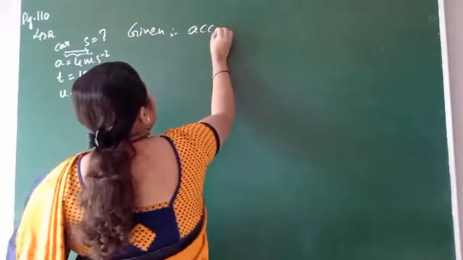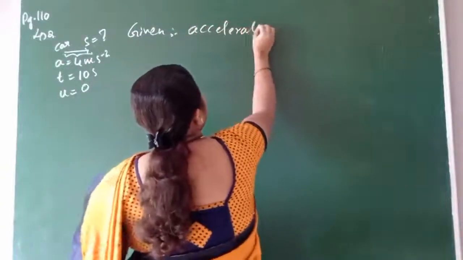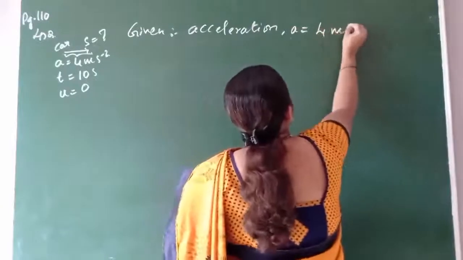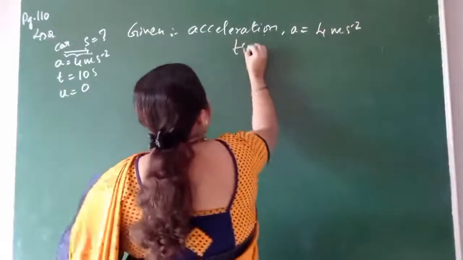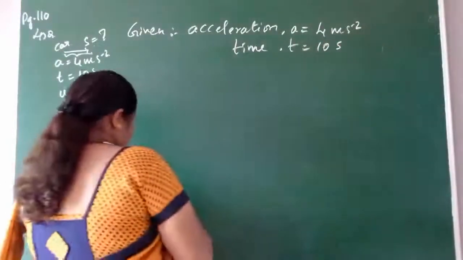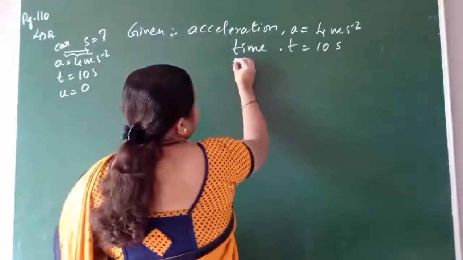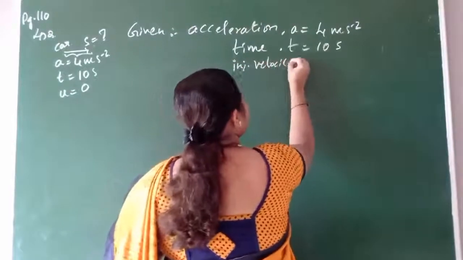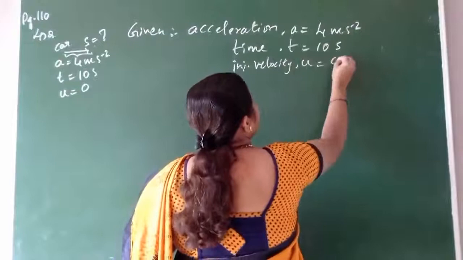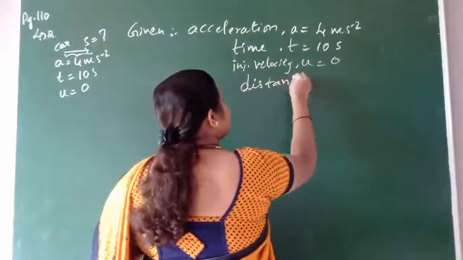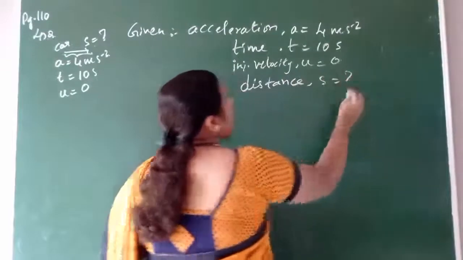That is, acceleration is equals to 4 meter per second square. Time t is equals to 10 seconds. Then initial velocity, in short form I have written, children, u is 0, and the distance it has covered, s is equals to how much?